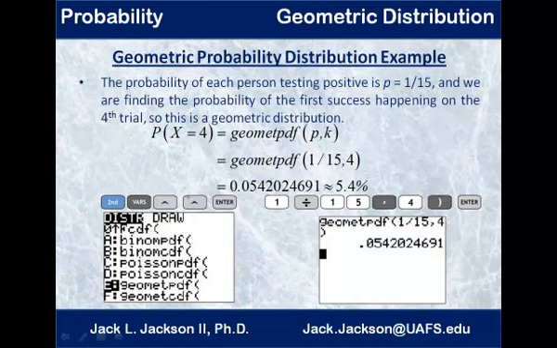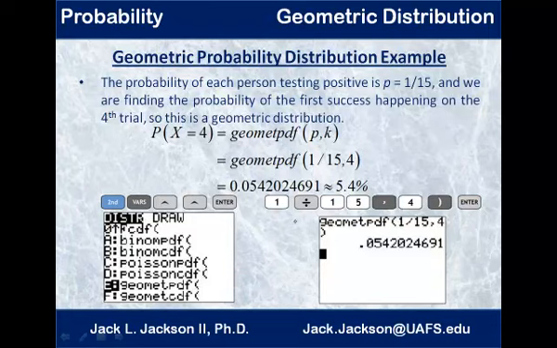You see here the buttons that you're going to push on your calculator. Second, variables, which actually has distribution written above it. Up arrow twice will get you to E here, which is geometric PDF. And go ahead and hit enter, so geometric PDF parentheses will show up on your screen.